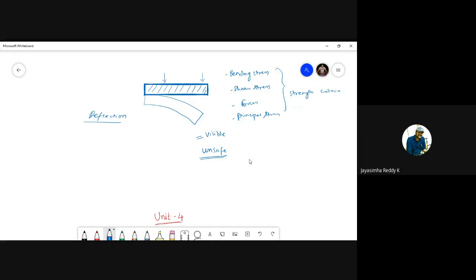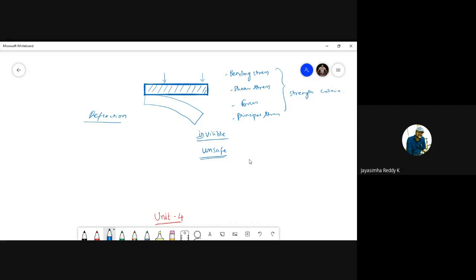There will be invisible deflection also, which may lead to internal cracks of the beams. So visible deflection, in a sense, is very dangerous. If you are able to see the deflection, the beam is about to fail.